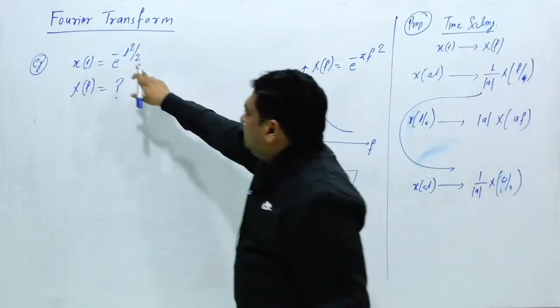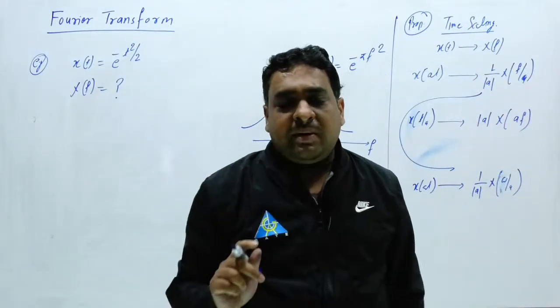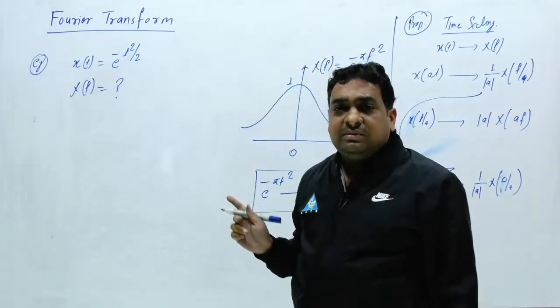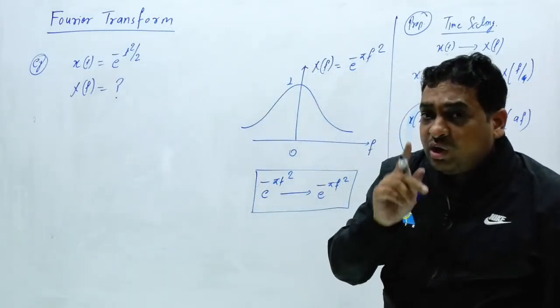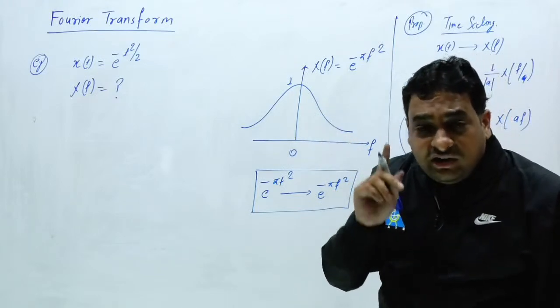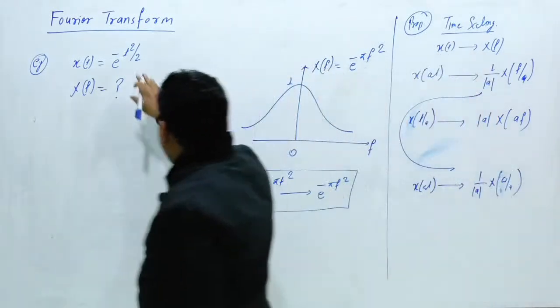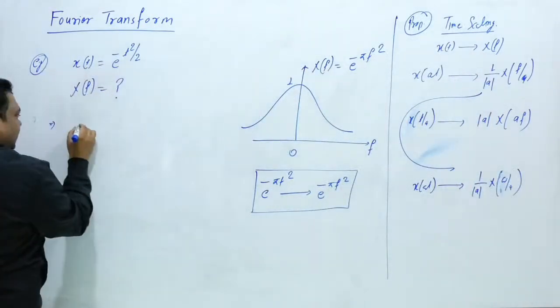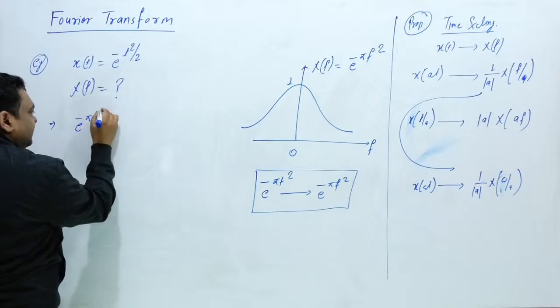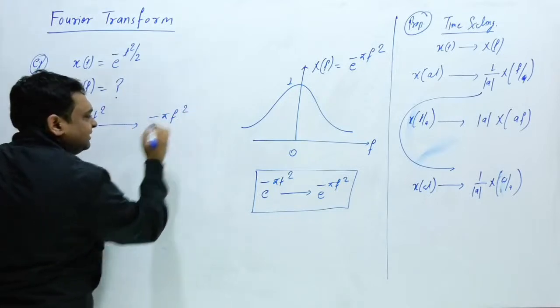First you can see this is t square, which means Gaussian, and one thing you should remember, you cannot solve this by the integration method. You can solve this only by properties. So how can we solve it? Already we know e raised to power minus pi t square has Fourier transform e raised to power minus pi f square.